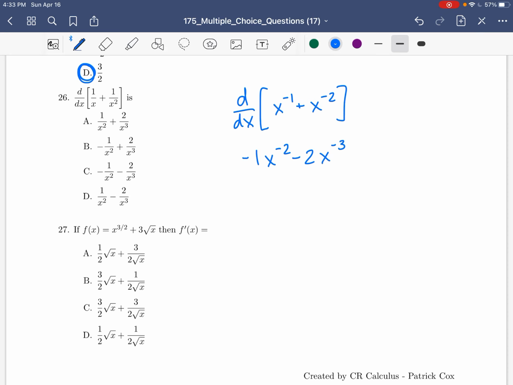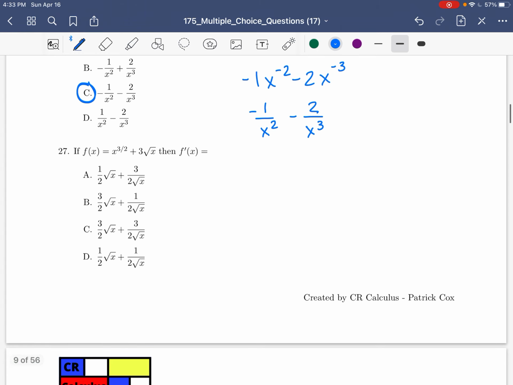And now obviously our answer choices don't look like that, so we can go ahead and change it, and we get negative 1 over x squared minus 2 over x cubed. So if we're trying to match here, it looks like our answer is going to be C, because that's the one that matches this one exactly.